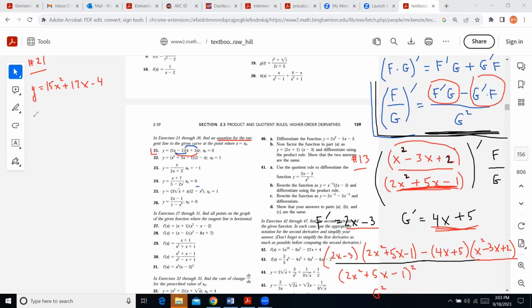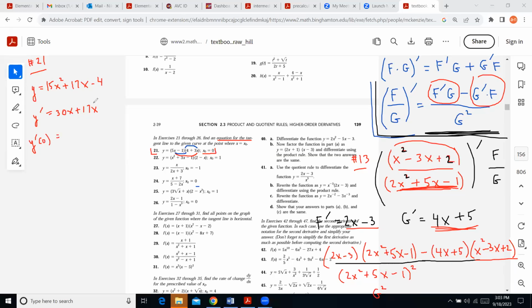So once I have this function, then I take its derivative, and that's our favorite part, right? 15 times 2 is 30 with x and then plus 17x. So at this stage, now I'm going to start to use this point, which is 0. In other words, they want me to plug 0 into that derivative.